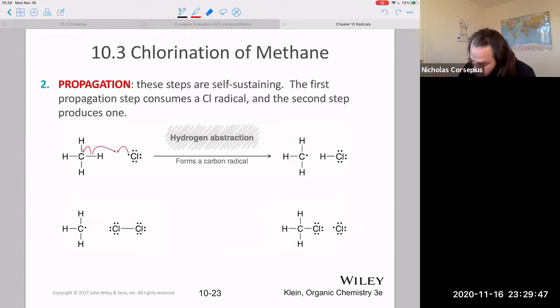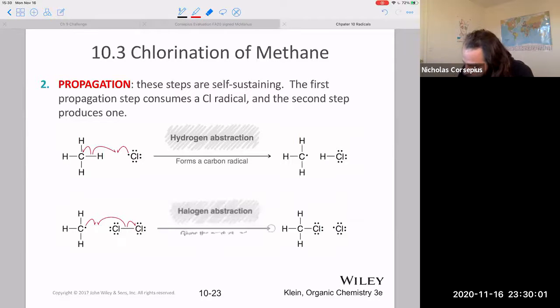So it can now do this halogen abstraction, where a new carbon-halogen bond is formed and a halogen radical, or specifically a chlorine radical, is formed. Okay, so this would be the halogen abstraction. That's how we go from having this carbon-hydrogen bond to this carbon-chlorine bond, in these steps, both of which are propagation steps.